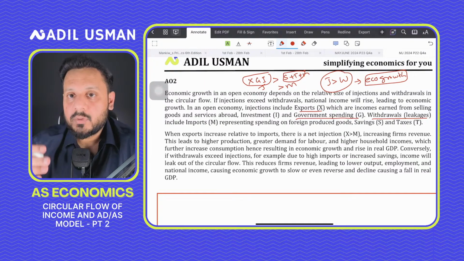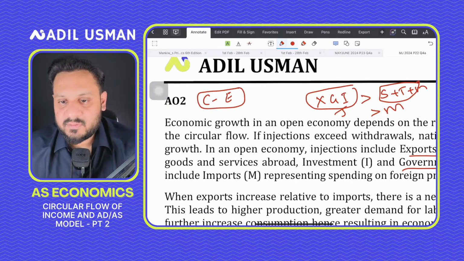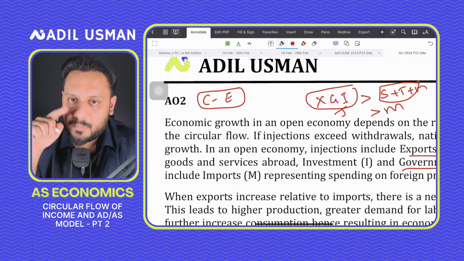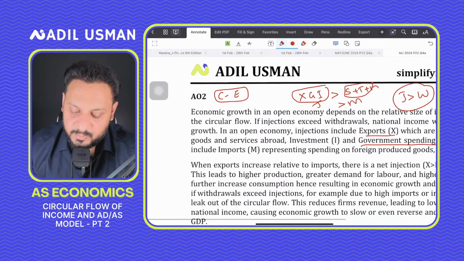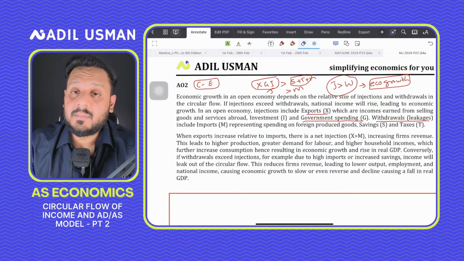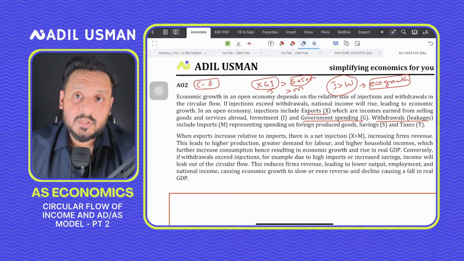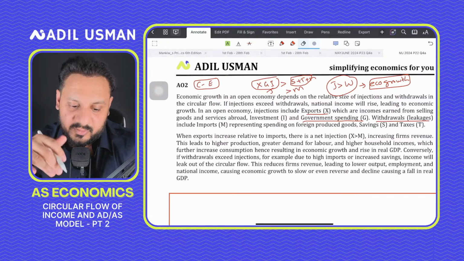Now, you need to talk about the cause and effect relation in analysis. You need to talk about the process of how injections exceeding withdrawals would result in economic growth, because that is what analysis is. In analysis, you would be given marks based on cause and effect, showing the mechanism or the process through which a rise in injections would cause economic growth.